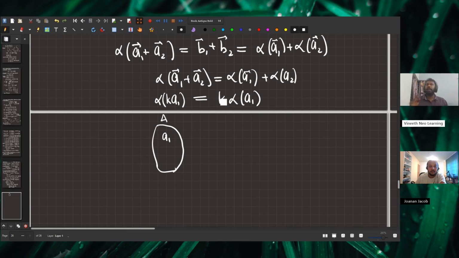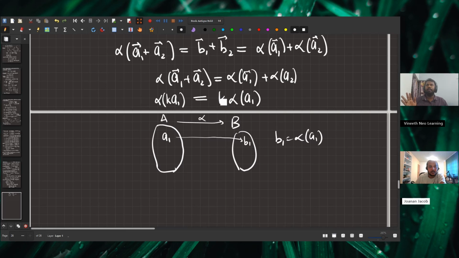Anyway, let's assume A1 is an element of this vector space, and B is another vector space. If there is a homomorphism alpha, a linear transformation alpha, and A1 is mapped to B1, then B1 is alpha of A1.